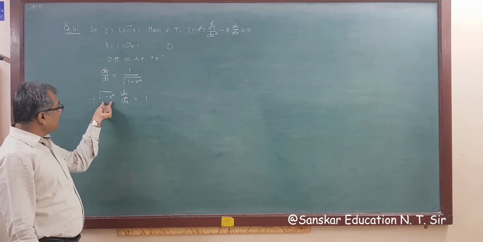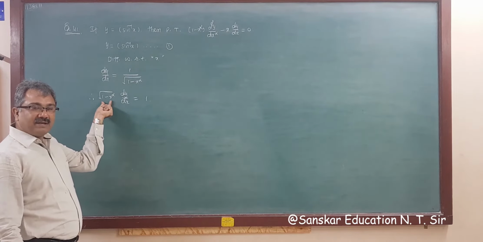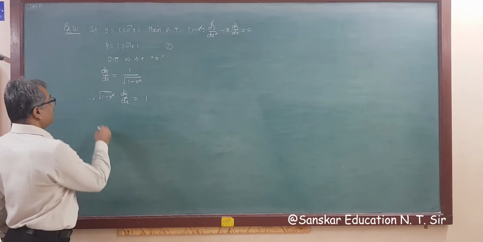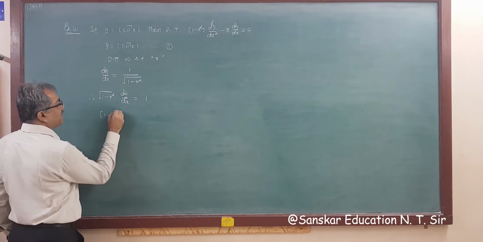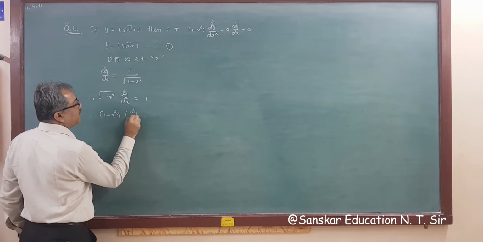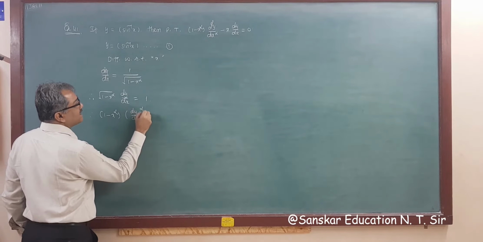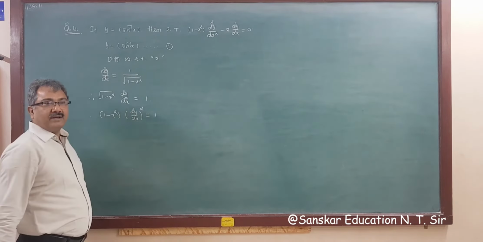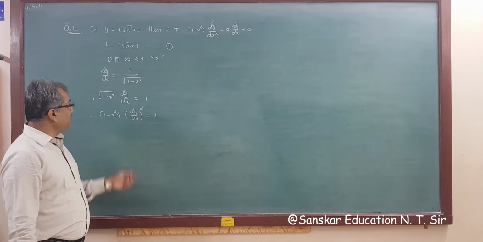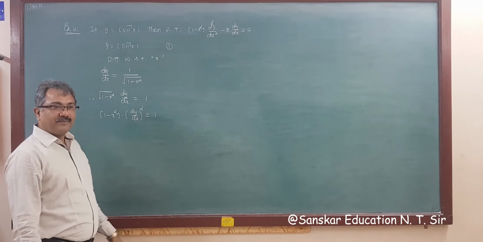Now here a term is root 1 minus x square, so squaring both sides, what we get? (1 minus x square) into (dy by dx) whole square is equal to 1, right?